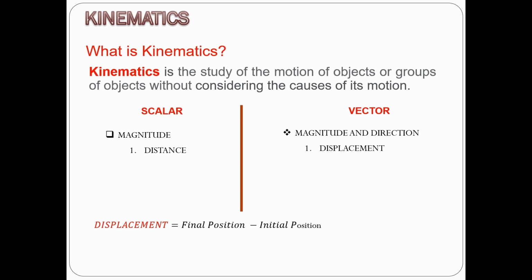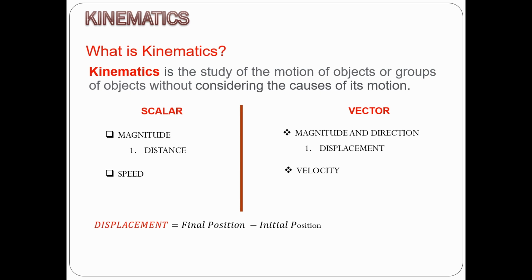Another example of scalar quantity is speed. It describes how fast an object is moving. Another example of vector quantity is velocity. Velocity is described as the speed with direction. When you say a car travels at 30 meters per second, this describes the speed of the car.